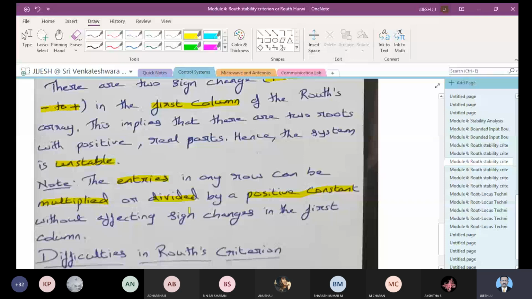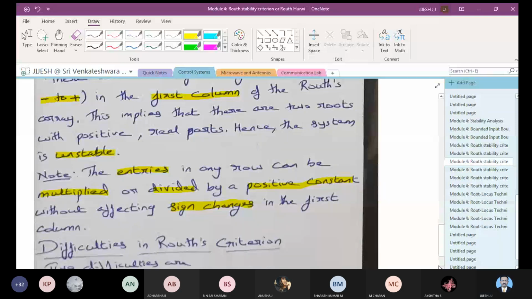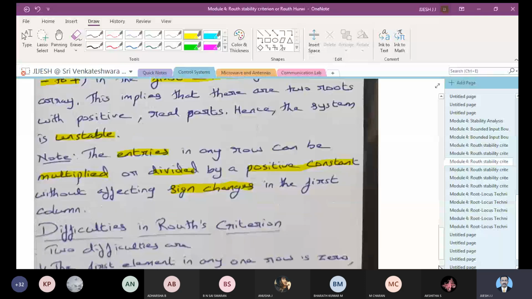If you want to multiply or divide the entries in any row by a positive constant, no problem, but make sure it does not affect the sign change in the first column. This is very important.